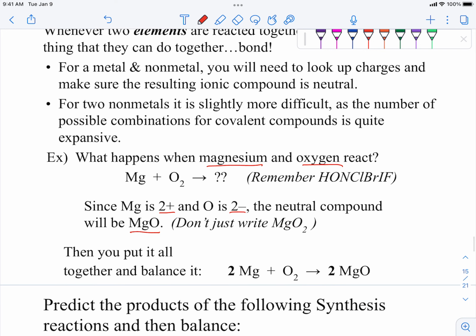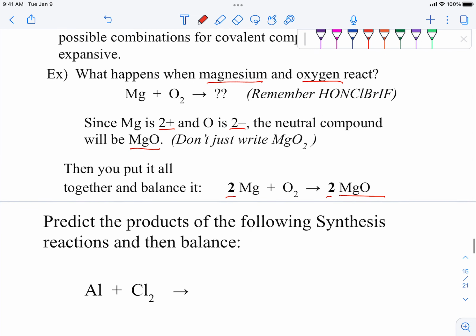So once you've figured out that that's the compound, then you just go ahead and balance it, and that's it. So predicting the product of a metal and a nonmetal should be just as easy as combining the charges. Okay? And for each of these, we're going to do several examples here towards the end.